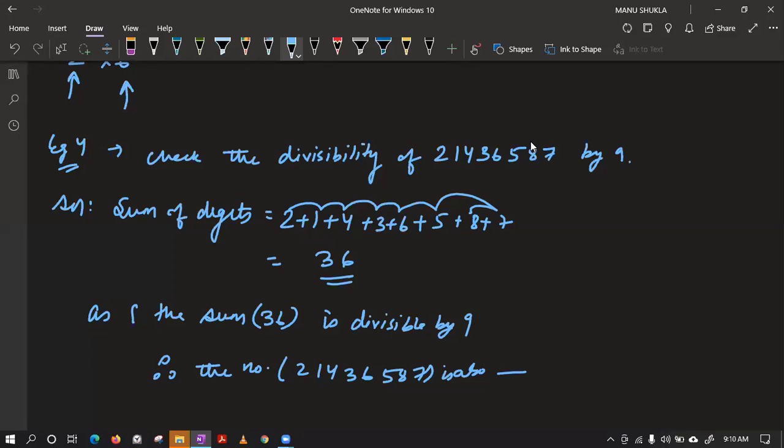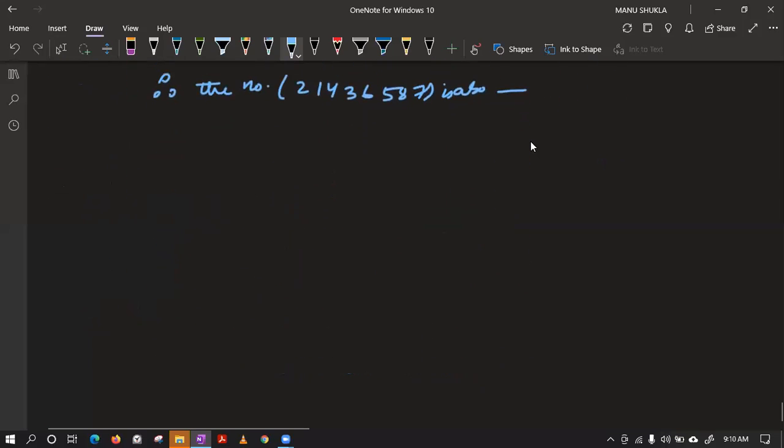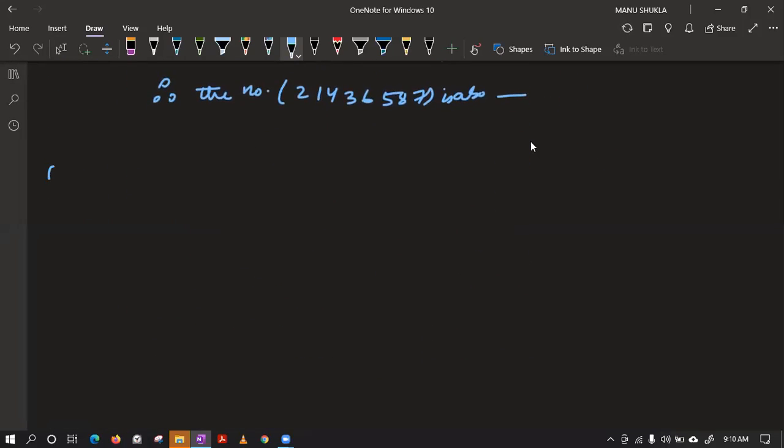Now let us discuss one more question. Example number 6. If the three-digit number 24x is divisible by 9, tell the value of x.